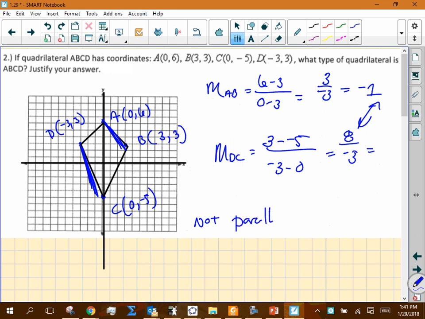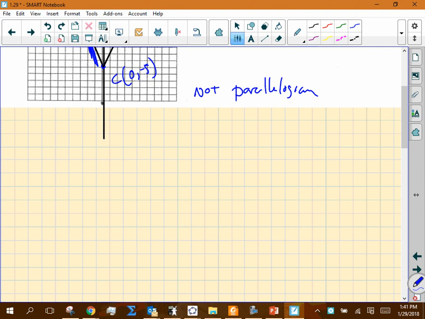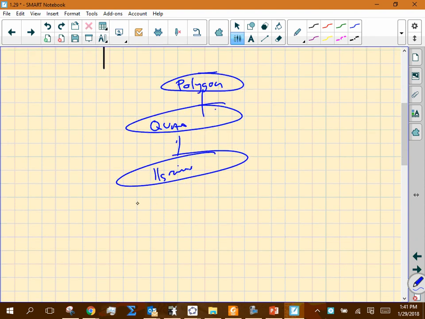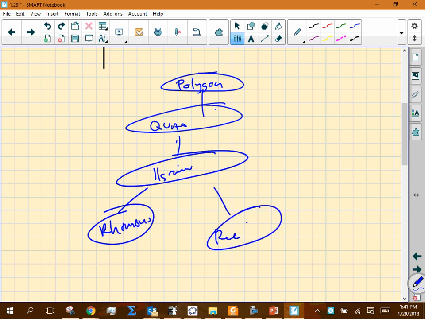Okay. If you remember, hopefully you do, we've had this picture where we've got a polygon, and then a subgroup of that is quadrilaterals, a subgroup of that is parallelograms, and then subgroups of those are rhombus and rectangle, right?